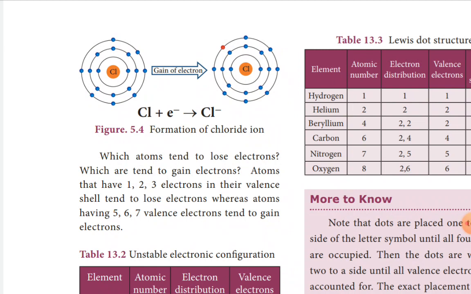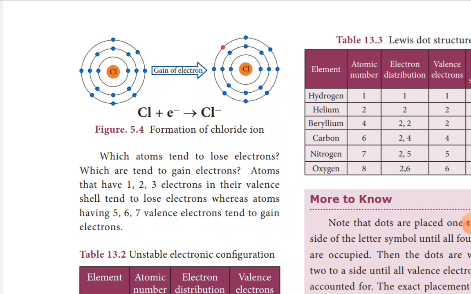So now, which atoms tend to lose electrons? Which tend to gain electrons? Atoms that have 1, 2 or 3 electrons in the valence shell tend to lose electrons, like sodium, magnesium, aluminium. Sodium has 1 electron, magnesium 2 electrons, aluminium 3 electrons. So these atoms are ready to lose electrons.